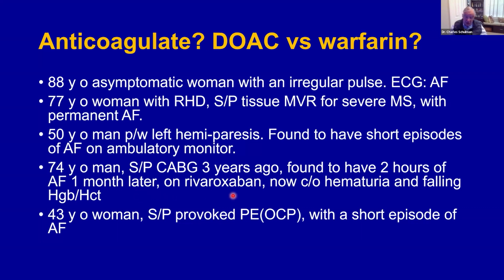So he was taking rivaroxaban, except that he had persistent hematuria, and we couldn't keep up with his hematocrit and hemoglobin. So this is the cardiologist's nightmare, if you want to look at it that way. He was treated with the Watchman device.